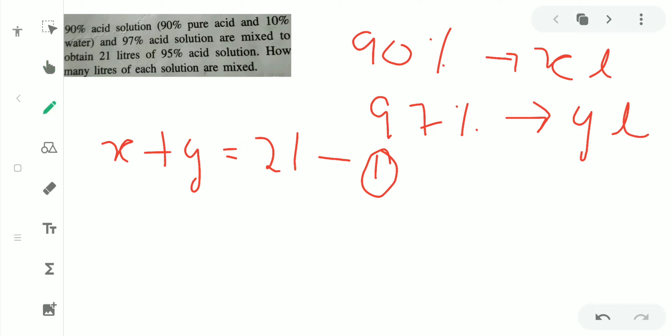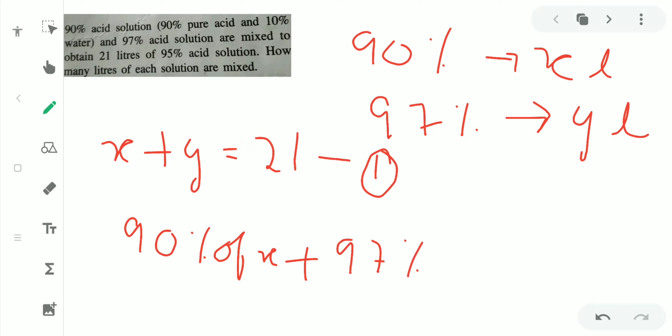For 90% we are having x liters, so 90% of x plus 97% of y is equal to 21 liters of 95% acid solution.